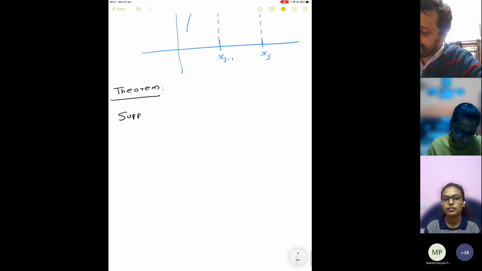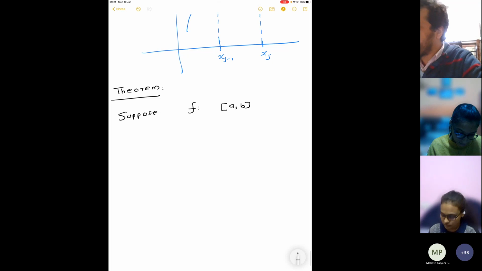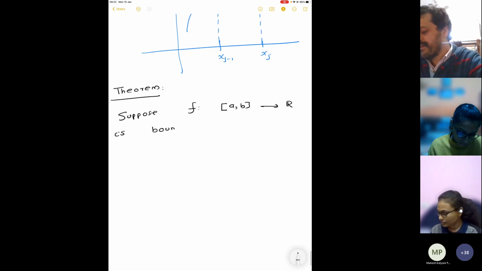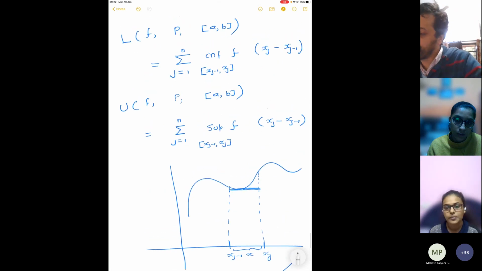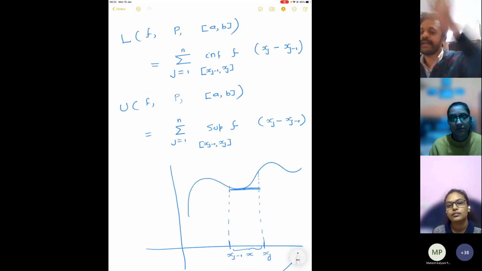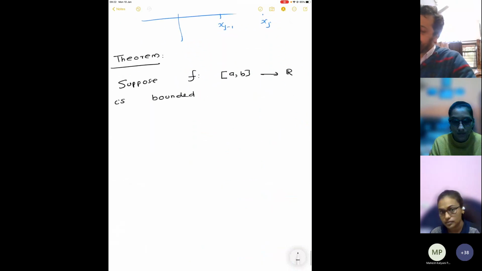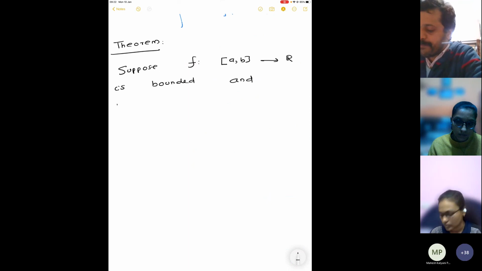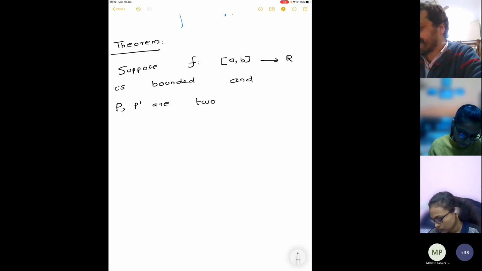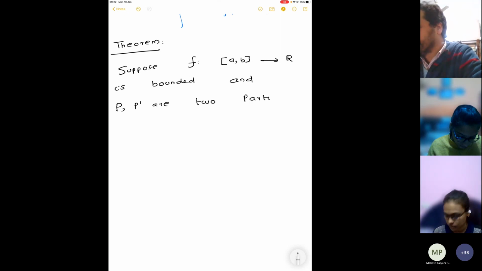Suppose f from AB to R is bounded. I assume bounded so that I can guarantee this sup, inf, etc. are finite. Okay. Suppose f from AB to R is bounded and P comma P dash are two partitions of AB.